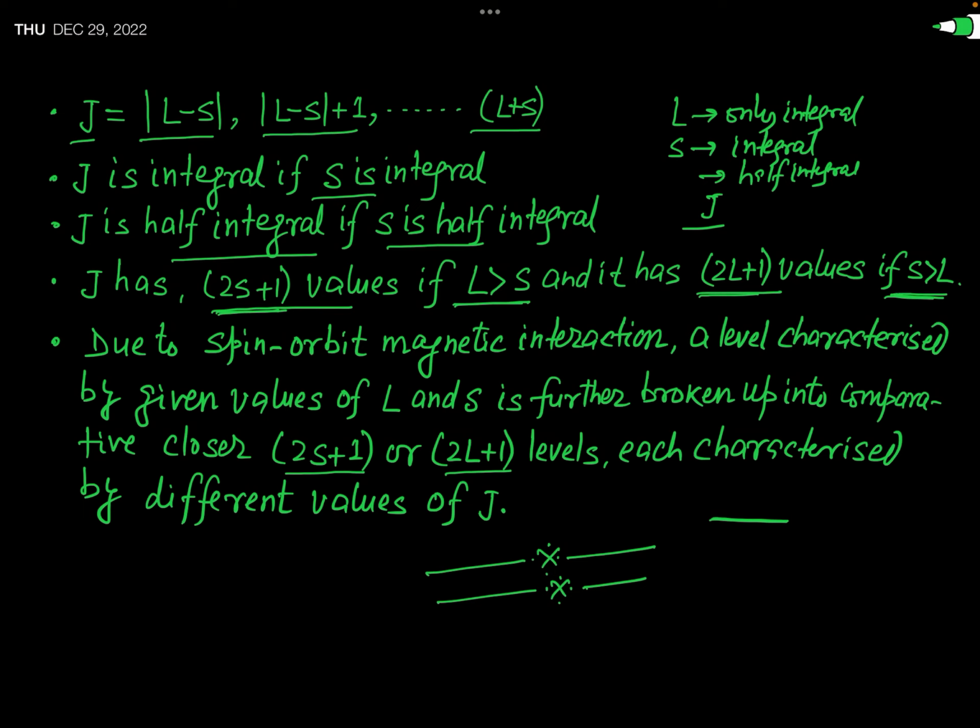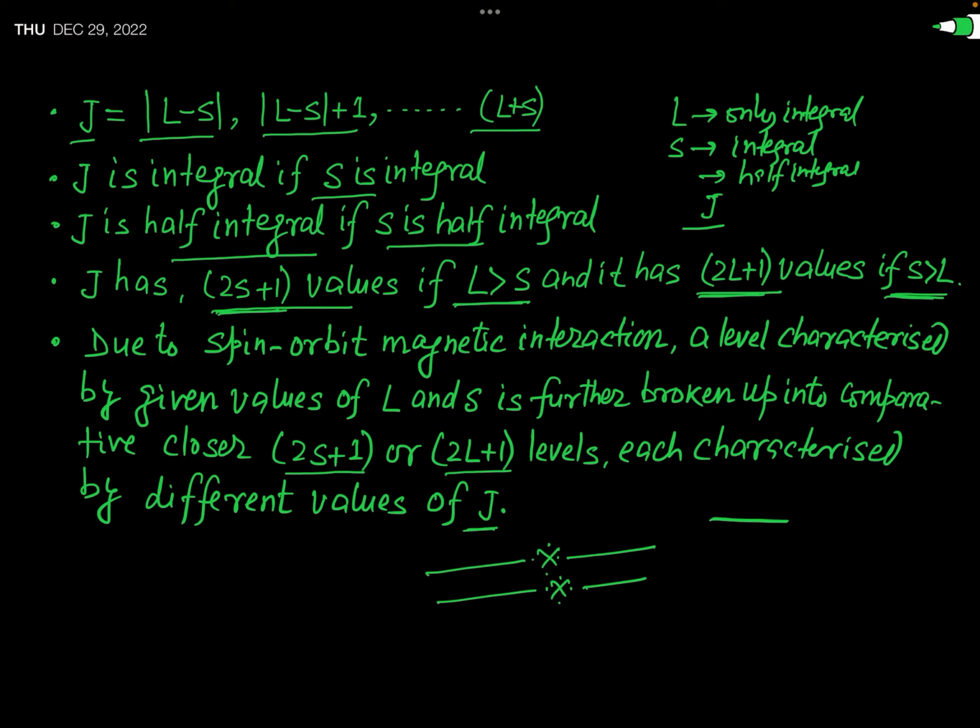And when S is greater than L, then an unperturbed energy level will be split into 2L plus 1 energy levels due to this spin orbit interaction. Okay, and each level will be characterized by a particular value of J. So different values of J actually represent the different energy levels. So this was actually a basic idea of the LS coupling.